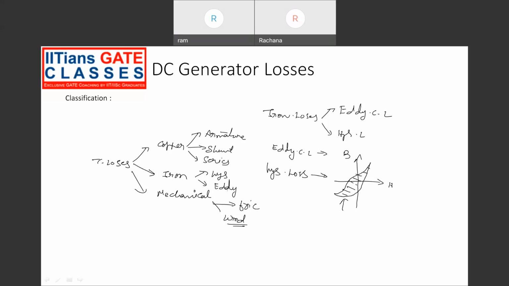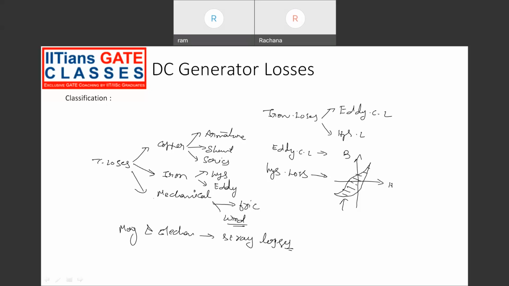These iron losses are also called magnetic losses. These magnetic losses and mechanical losses combined are called stray losses. We can also call them constant losses because they don't vary much by varying the load.